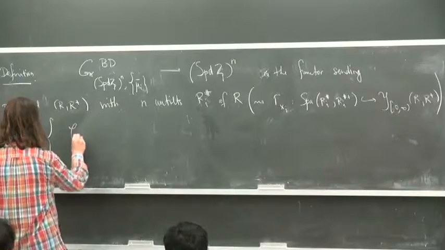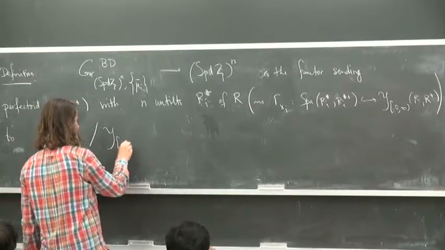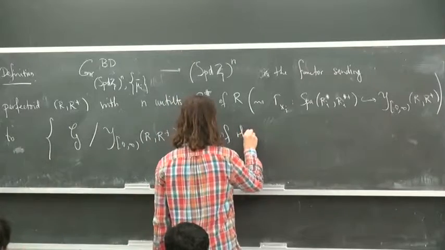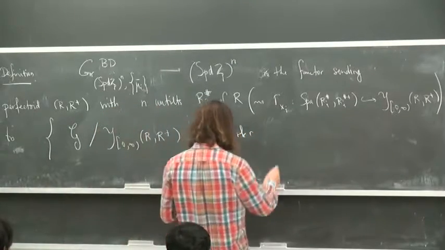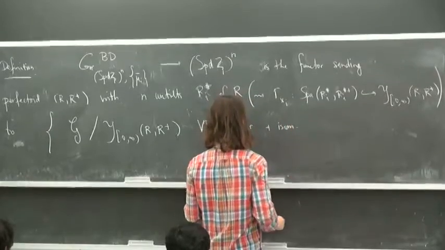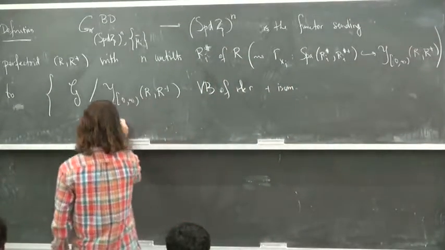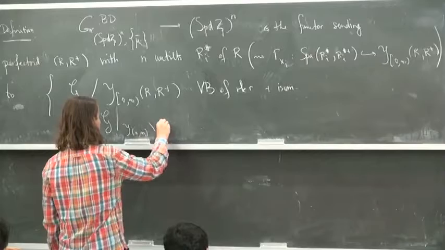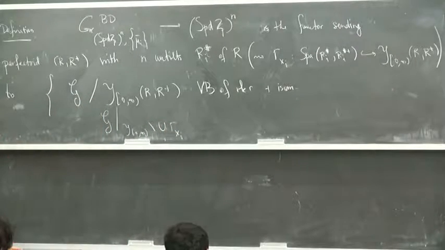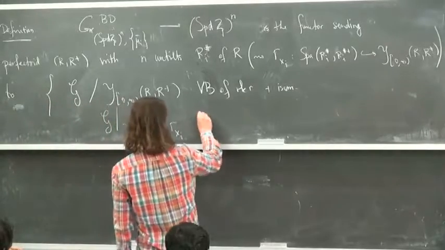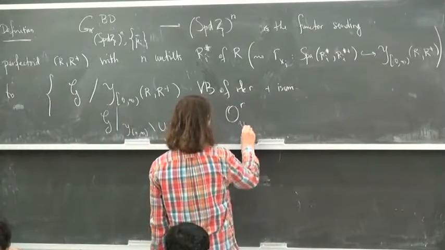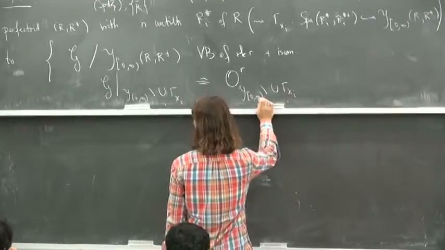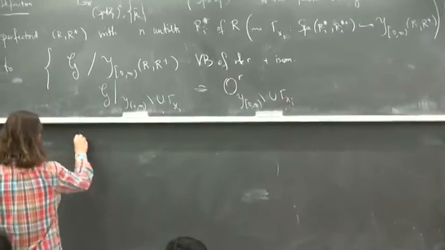Assume some vector bundles, so let's call them G, over Y_{[0,∞)} of rank R, plus an isomorphism between G and the trivial vector bundle away from those points: G restricted to Y_{[0,∞)} minus the union of the graphs of the x's, with the trivial vector bundle over Y_{[0,∞)} minus the union of the x's, such that the relative position is bounded by mu.